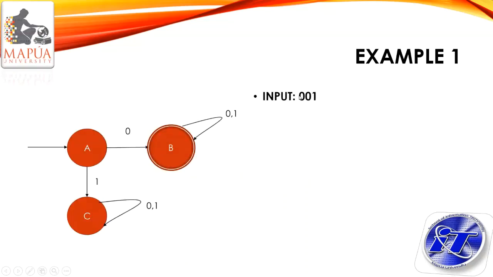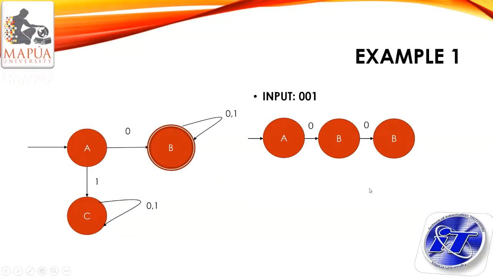Okay, so let's check how we determine if a string is rejected or accepted. Let's start with the input 0, 0, 1. How will it navigate within our automaton? Again, initial state, which is A. First symbol 0, definitely it will go to B. And then the second 0, since we're already in state B, it will just go to itself, which is B. And for 1, again, loop within itself.